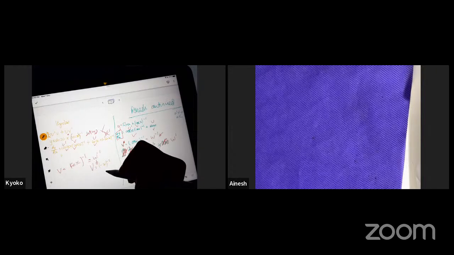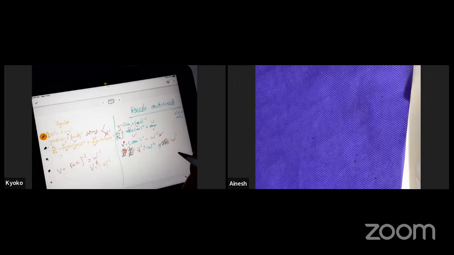Is there no W prime? How can W prime be 2W? I'm very confused. No, isn't minus W to the power of minus 2 not W prime? What is W? Cosine x. Yeah, so W prime will be minus sine x, right?